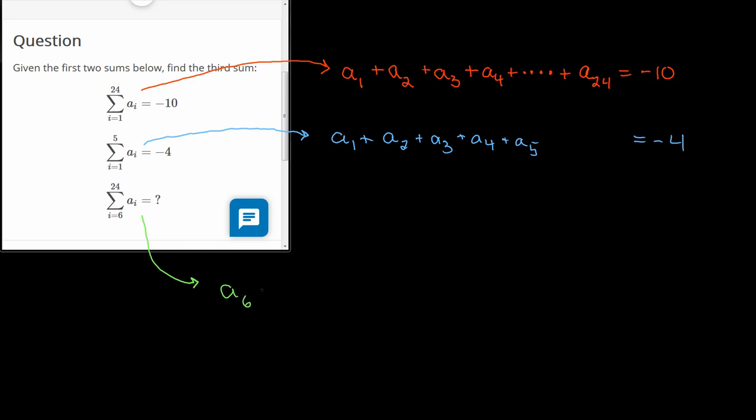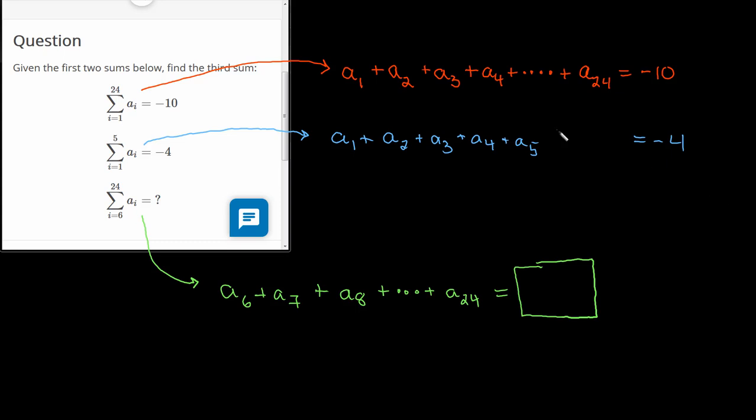So we've got A6 plus A7 plus A8 and so on until you get to A24. We don't know what that is yet, but we're about to figure it out. So I'll put a box there. So okay, let's see if we can figure this out.